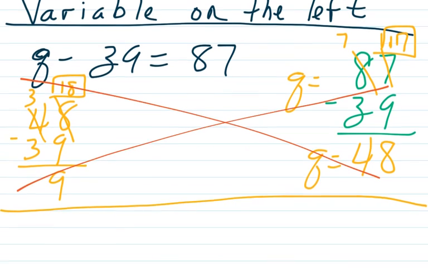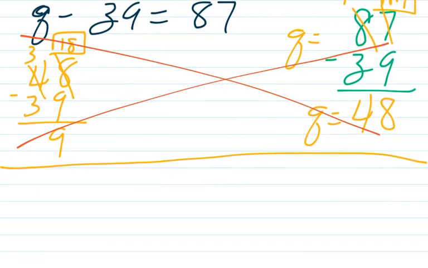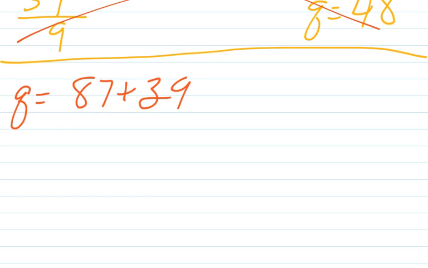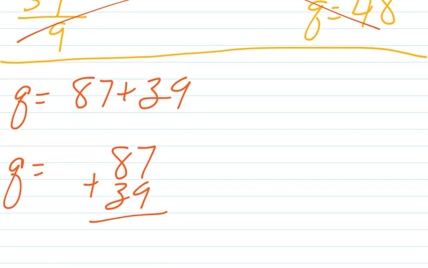Now, let's continue. This time I'm going to try to add. So Q equals 87 plus 39. I always like to write my variable as I go through and work out each one of my operations. 87 plus 39. 7 plus 9 is 16.